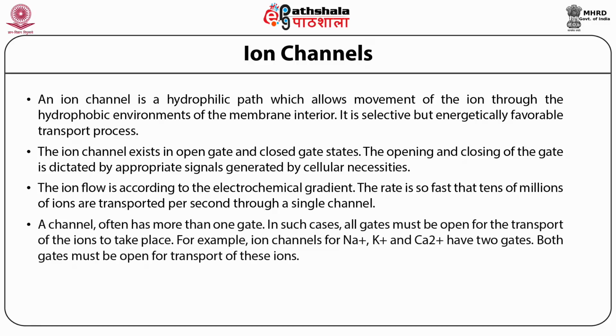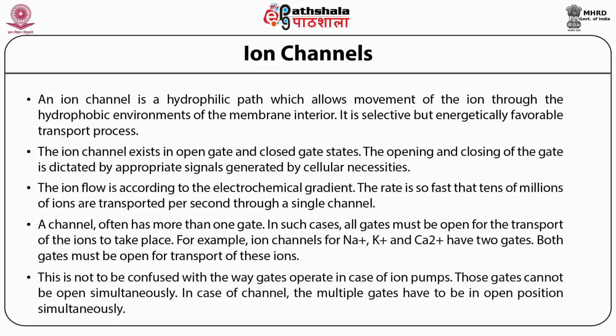A channel often has more than one gate. In such cases, all gates must be open for the transport of the ions to take place. For example, ion channels for sodium ion, potassium ion, and calcium ions have two gates. Both gates must be open for transport of these ions. This is not to be confused with the way gates operate in case of ion pumps.